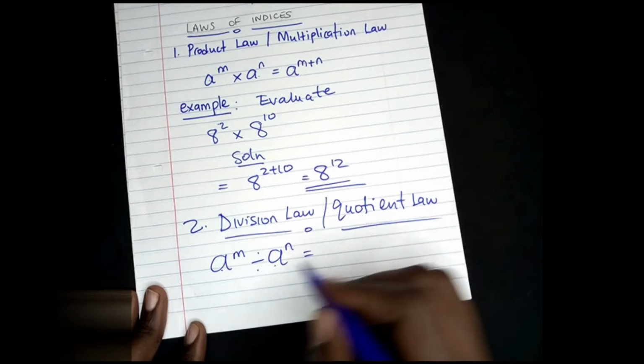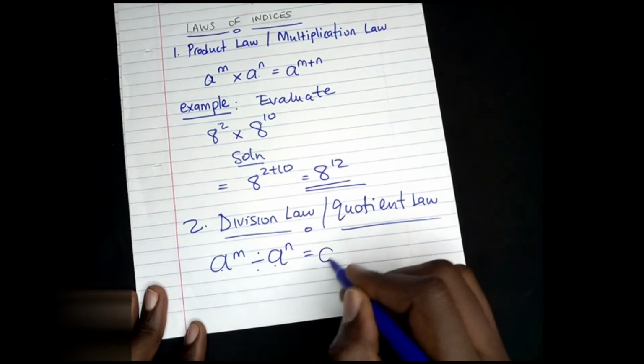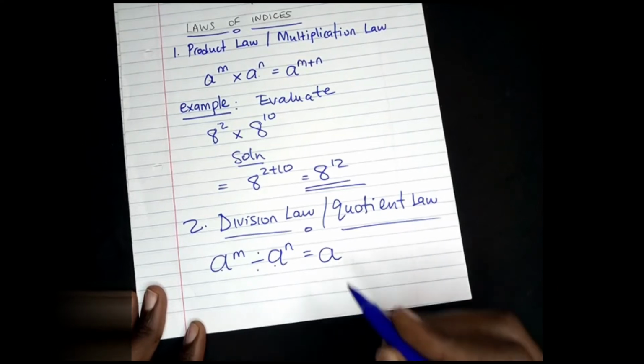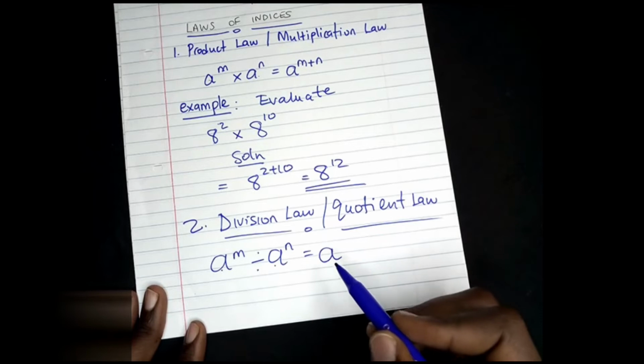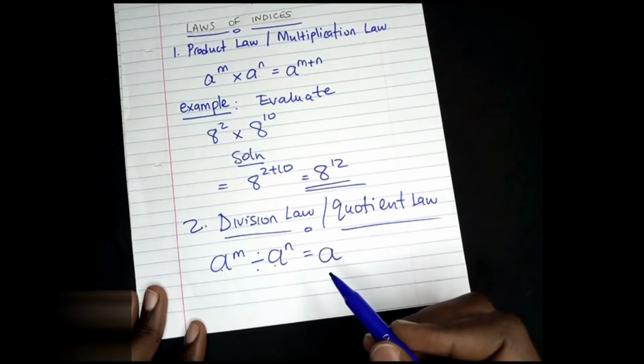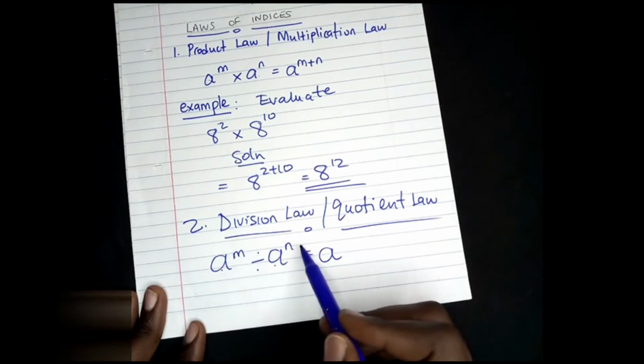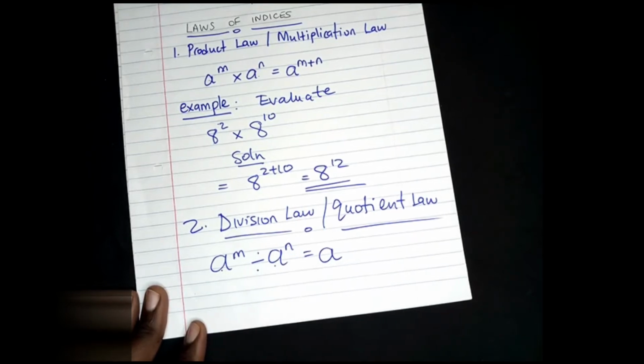So if the base is the same in the two numbers, what you'll do is just to rewrite the base there. But in this case, we shall subtract the indices. And which number shall be subtracted from the other?